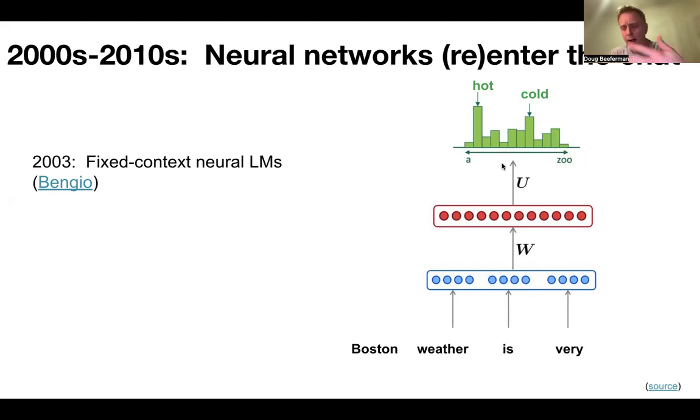This model might then produce "hot" as its maximum output, which of course we know is not the case. It should be "cold", because it's lost its awareness of Boston. So that's the most simplistic neural language model.